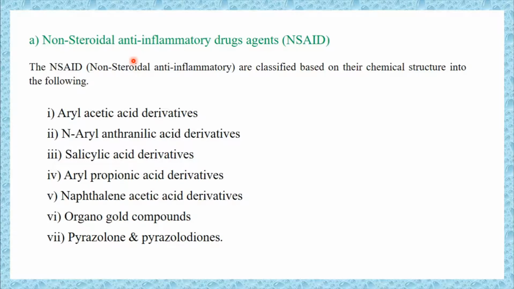The classes are aryl acetic acid derivatives, N-aryl anthranilic acid derivatives, salicylic acid derivatives, aryl propionic acid derivatives, naphthalene acetic acid derivatives, organogold compounds, and pyrazolone and pyrazolidine derivatives.